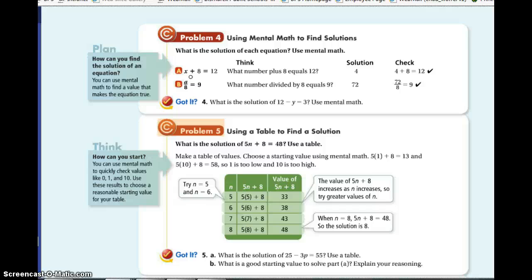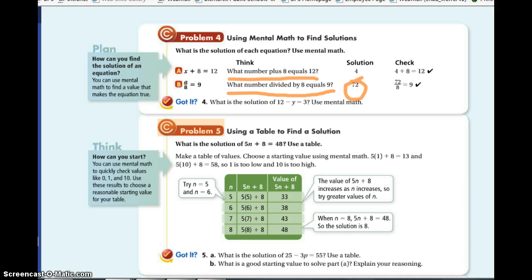Oh, I'm getting further away, so let's build it up. 1, 2, 3, 4. Hey, that one works. So they want you to use a little bit of mental math to figure out what that solution is. What number divided by 8 equals 9? Well, let's just work it out. Let's try 49, 50, 51, and just keep going through numbers, guess and check, until you get to the right answer. 72 divided by 8 equals 9.